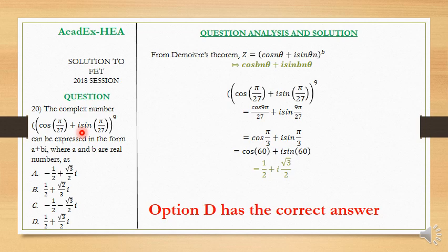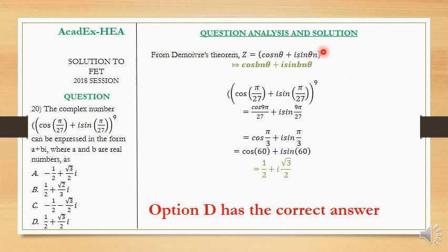From his theorem, a complex number z written as cos theta plus i sine theta raised to the power n can still be written as cos n theta plus i sine n theta.